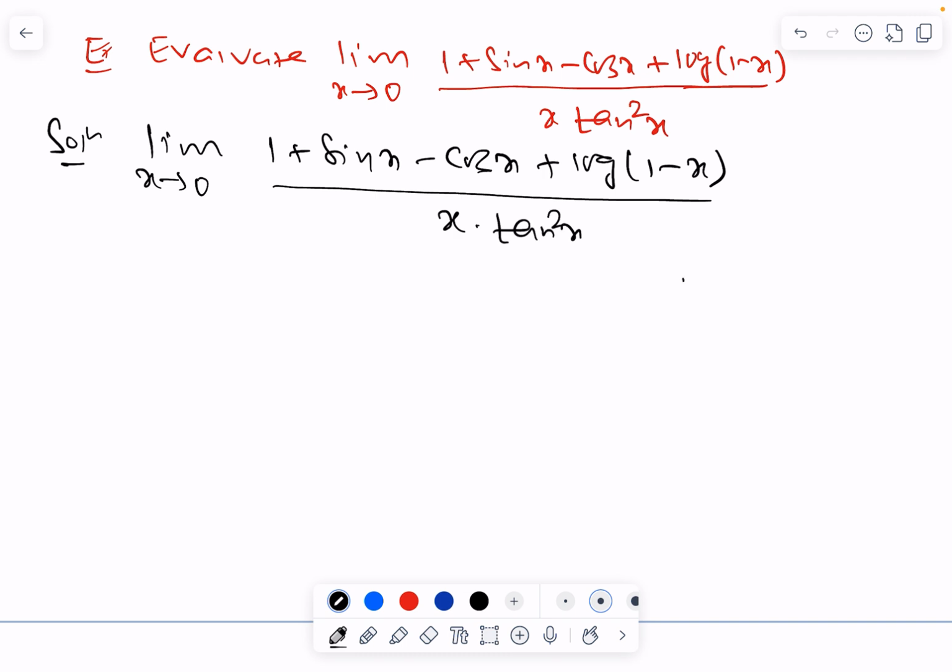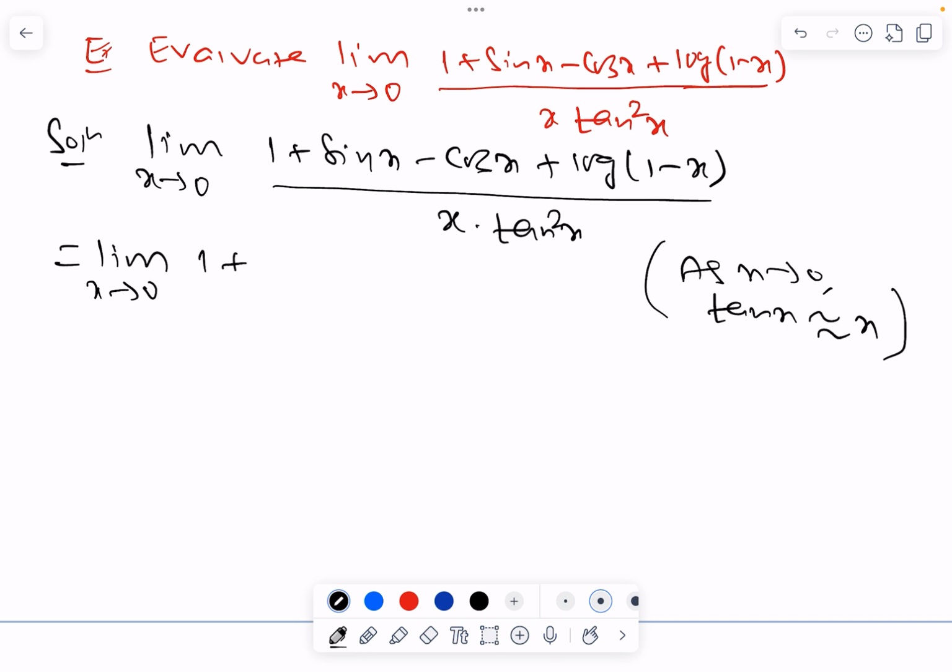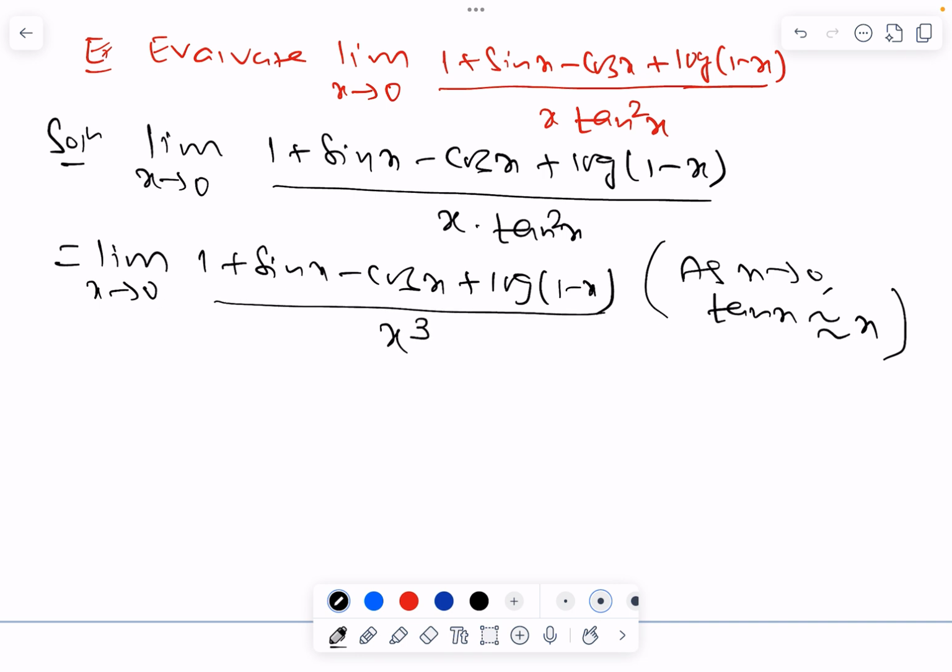Now we know as x tends to 0, we can write tan x as x because limit x tends to 0 of tan x by x is equal to 1. So let us do that. The limit becomes (1 plus sine x minus cosine x plus log of 1 minus x) divided by x cube.